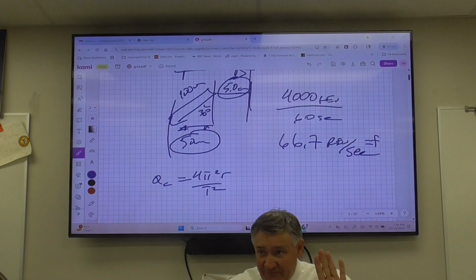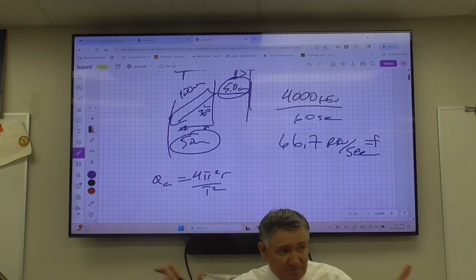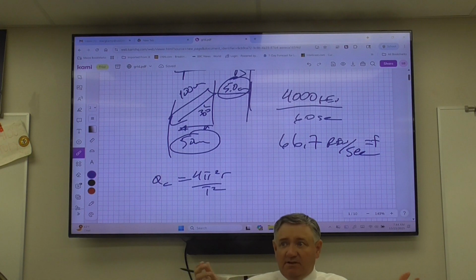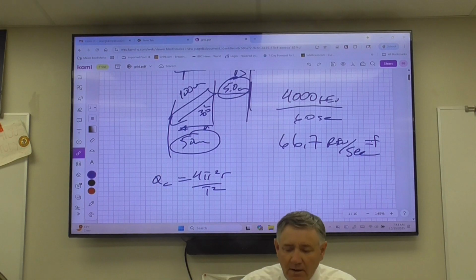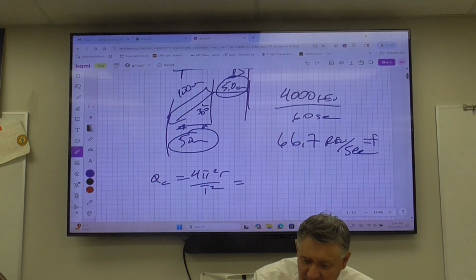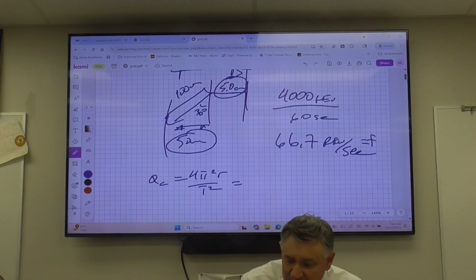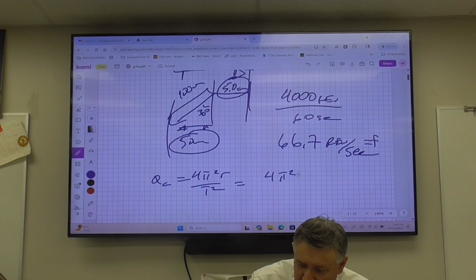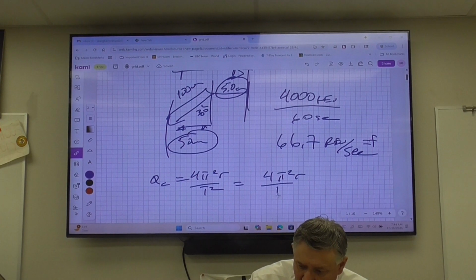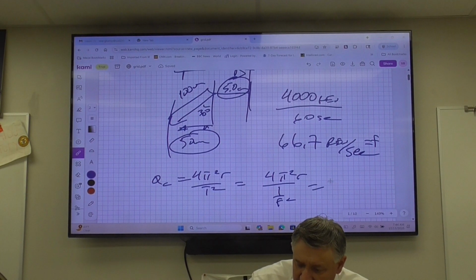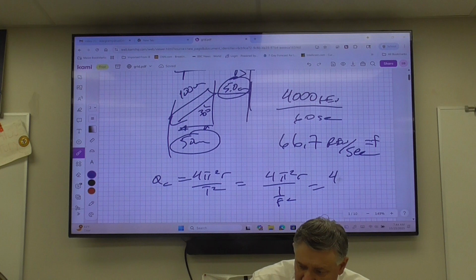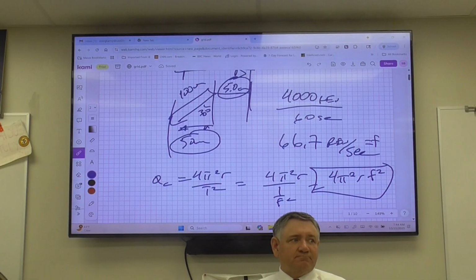If you're a fan of capital T's, great, do that. The other option is that since period and frequency are inverses of each other, that also becomes 4 pi squared r over 1 over frequency squared, and that frequency squared flips up, so you get 4 pi squared r times frequency squared.